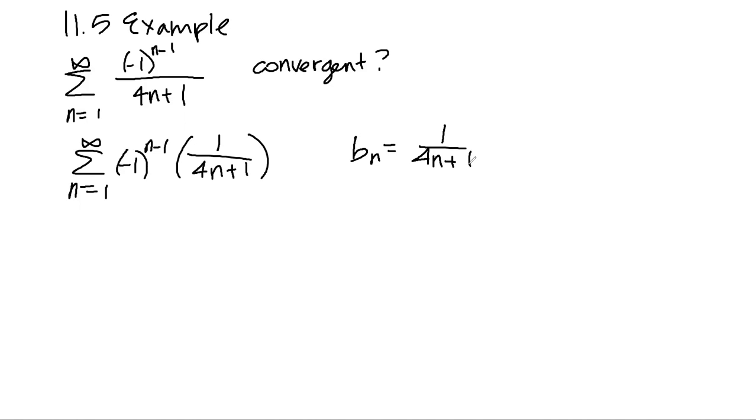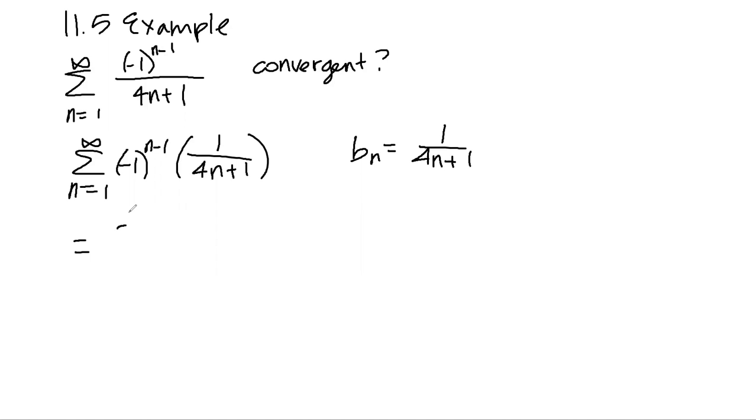Okay, before we jump into the test, let's look at a couple of terms of this series just for fun. Remember, (-1)^(n-1), the n minus 1 means that the first term is positive because we have (-1)^0. So what is our first term? (-1)^0 times 1 over 4 plus 1.